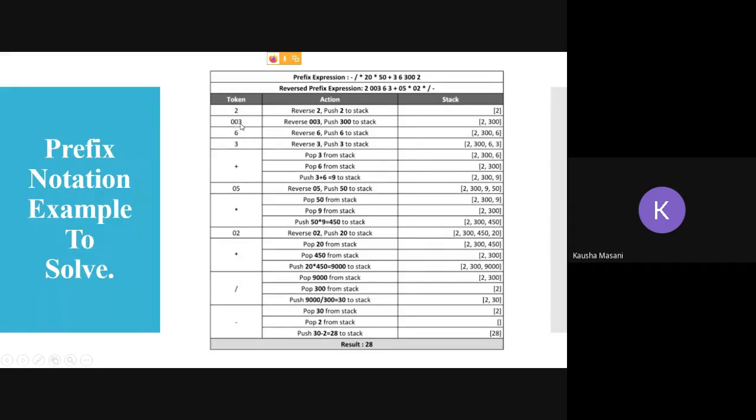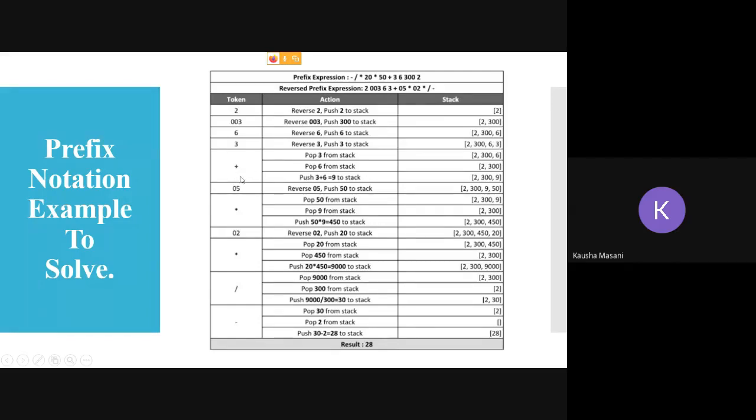Now 003 is units, tens and hundreds, so they are reversing it again. They get the result after the reversal as 300. So they are pushing 300 into the stack. Now 6, again a unit digit, nothing to be reversed. So 6, 300 and 2 are in the stack.